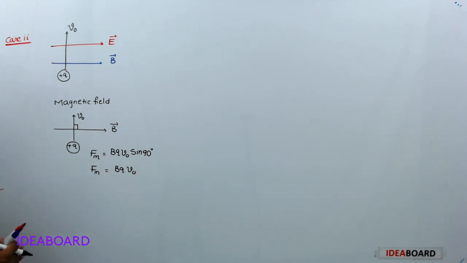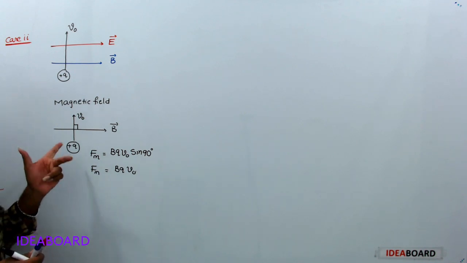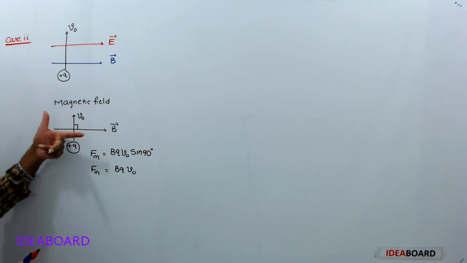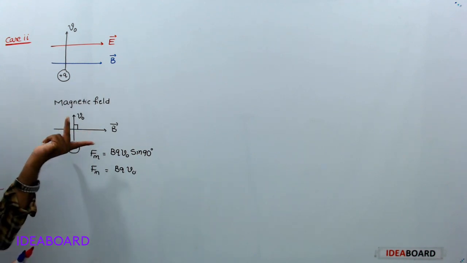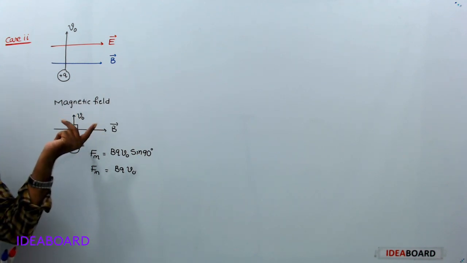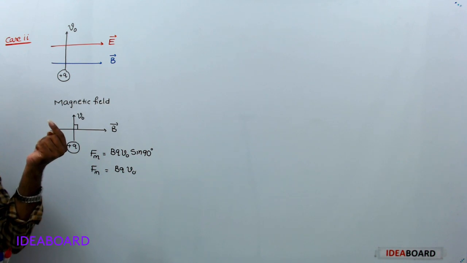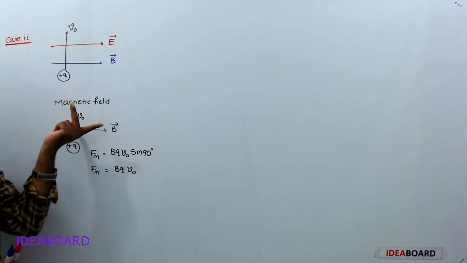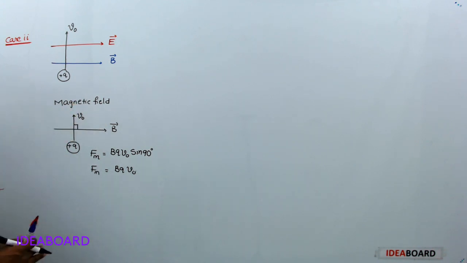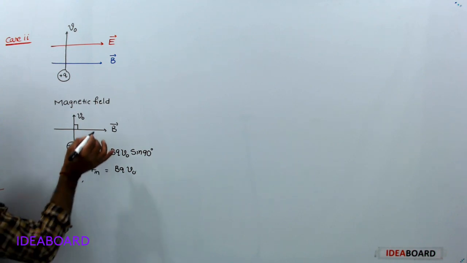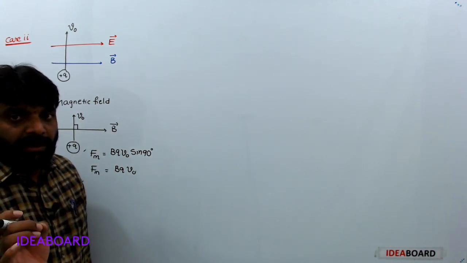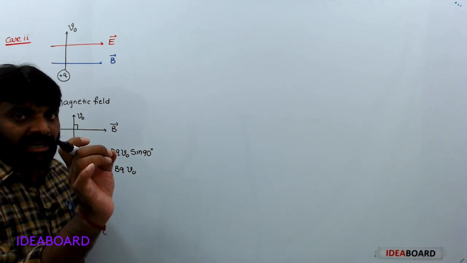Okay, you know already, it is the field direction, and it is the velocity direction. See, here the forefinger represents the field direction, the central finger represents the velocity, and the thumb represents the force direction.